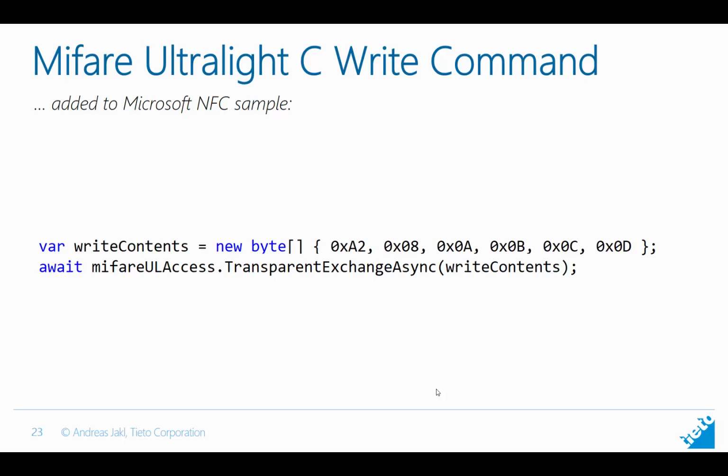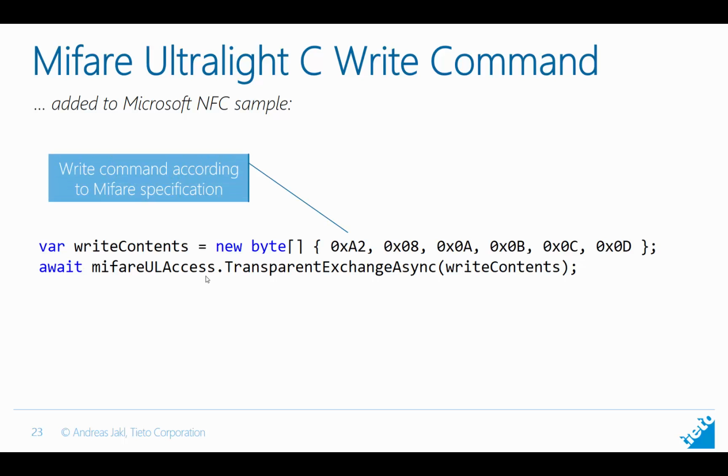So we can, for example, then add something to the Microsoft NFC example. We just write this custom command, which you can see here, and send it to the device using this MIFARE Ultralight Access class, or instance, which is from the sample. So the write command, according to MIFARE specification, is A2 in hexadecimal.